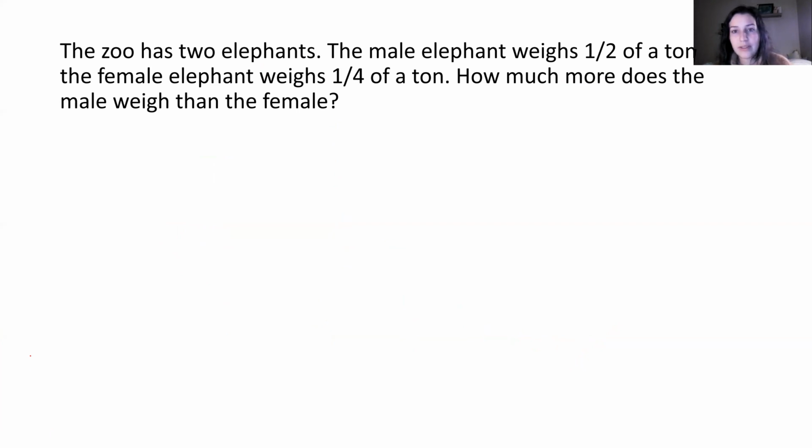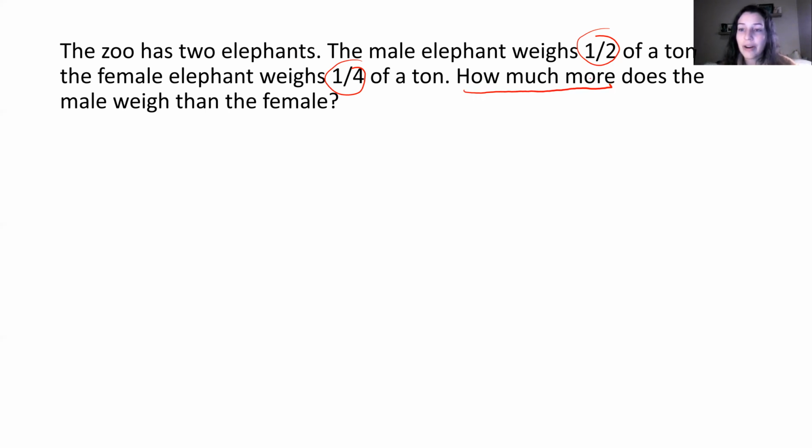All right, so this is kind of similar to the other problem. Let's identify the two numbers we're given. We're given 1/2 and 1/4. And now we should look for our keywords that tell us whether or not we'll be adding or subtracting those values. This actually has the same keyword as the other one: how much more?